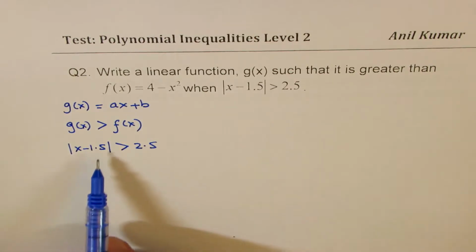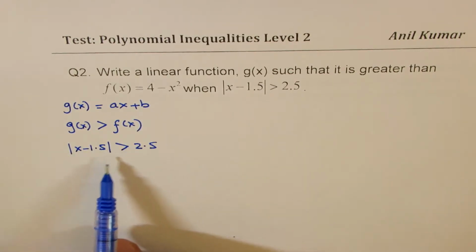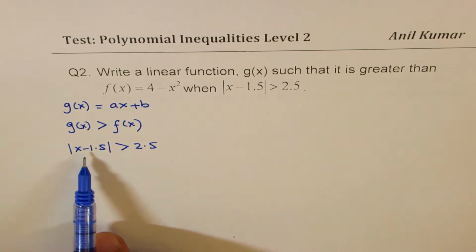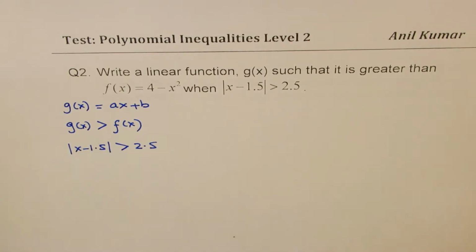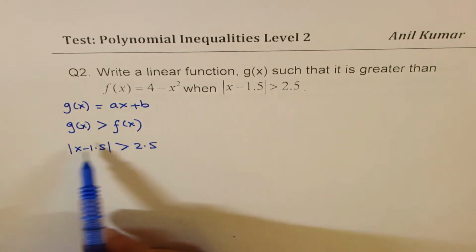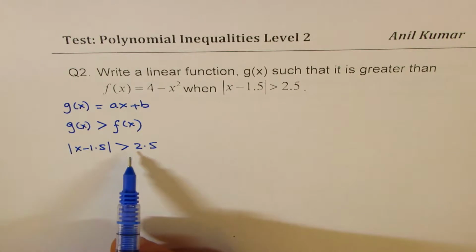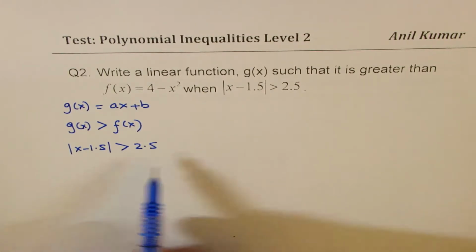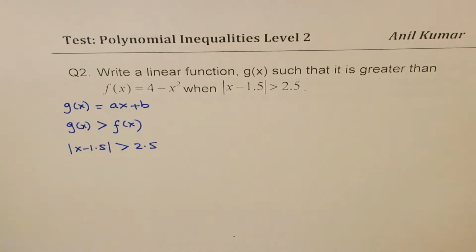So let us begin by solving the last inequality, which is the absolute value of x minus 1.5 is greater than 2.5, correct? So when we say the absolute value is greater than, this inequality really means two things.